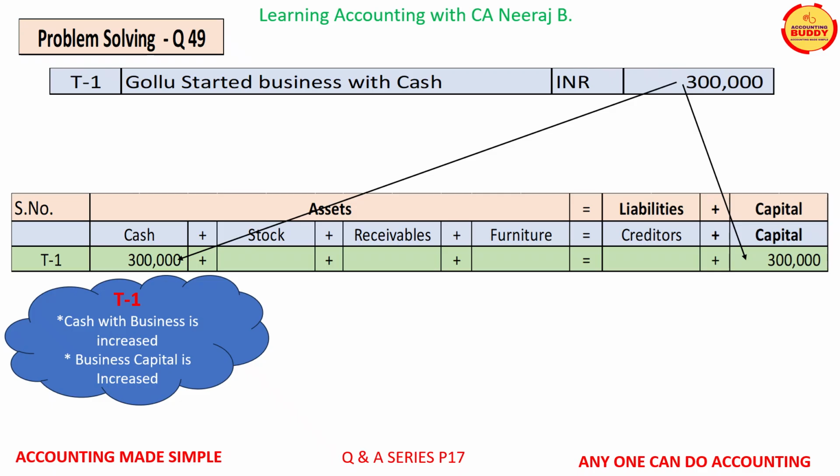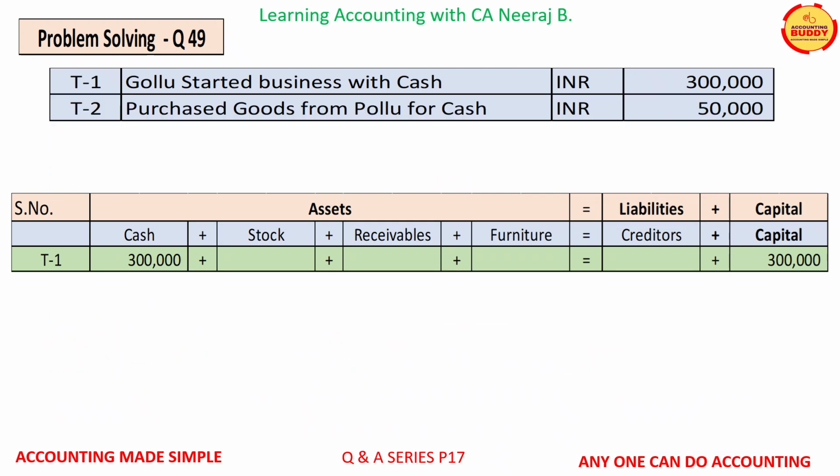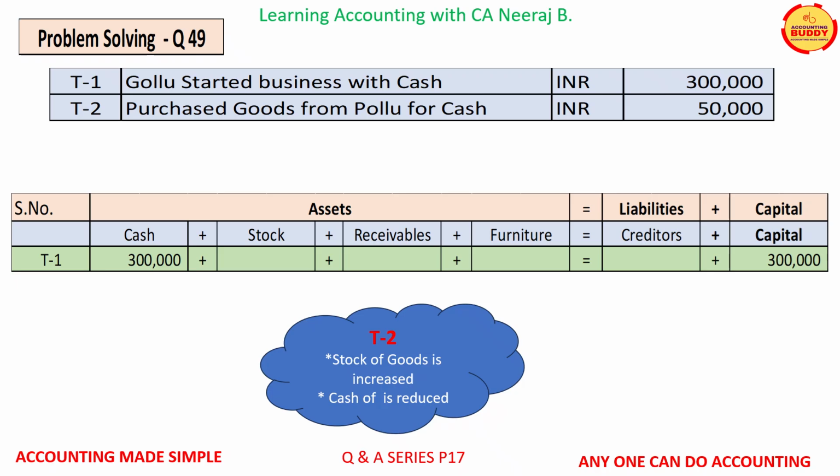Please note, cash being an asset is increasing, therefore it will be debited, and the capital is also increasing, so it will be credited. T2 transaction on your screens is Golu purchased goods worth 50,000 from Polu for cash. With this transaction, the stock, which is an asset, will increase and the cash, which is again an asset, will be reduced.